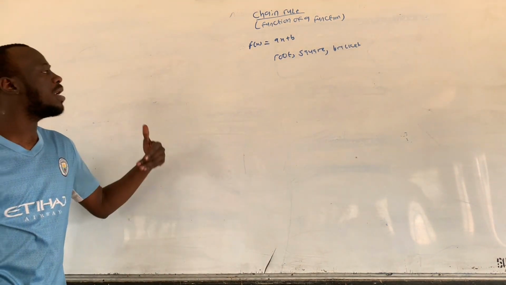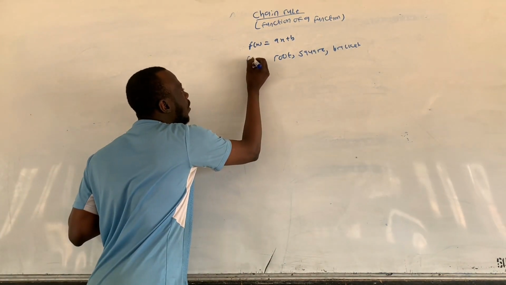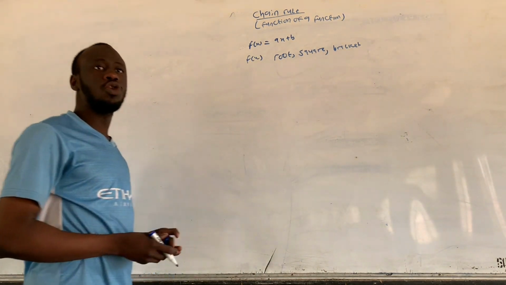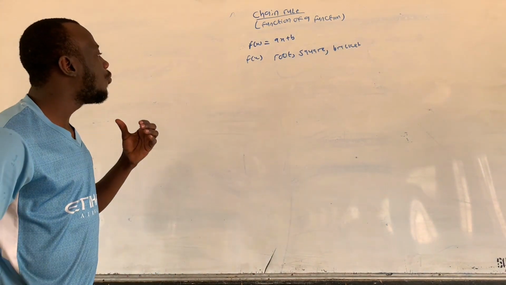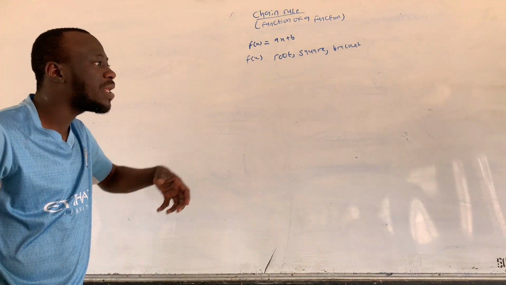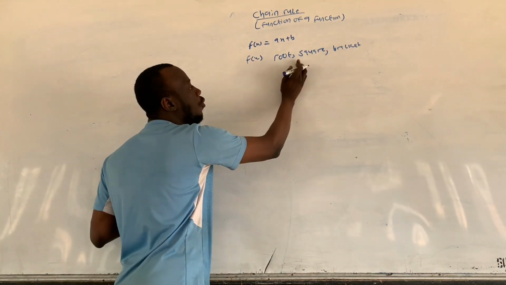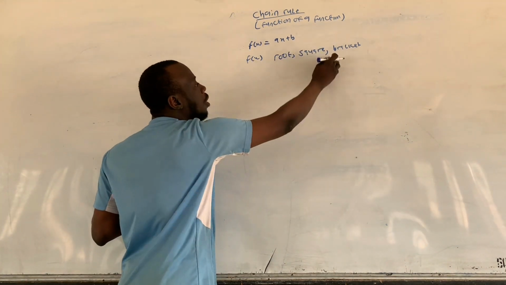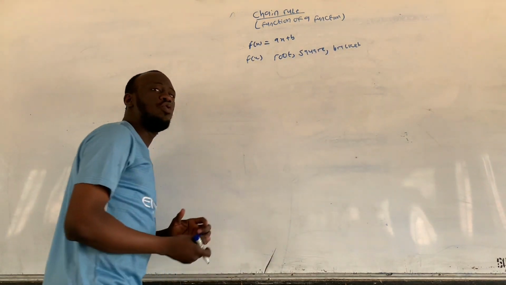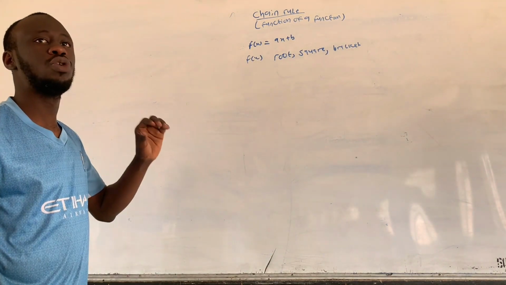They are all other functions. So when you find a function inside either a root, or a square, or a cube, or inside a bracket, you can only solve that question using chain rule.